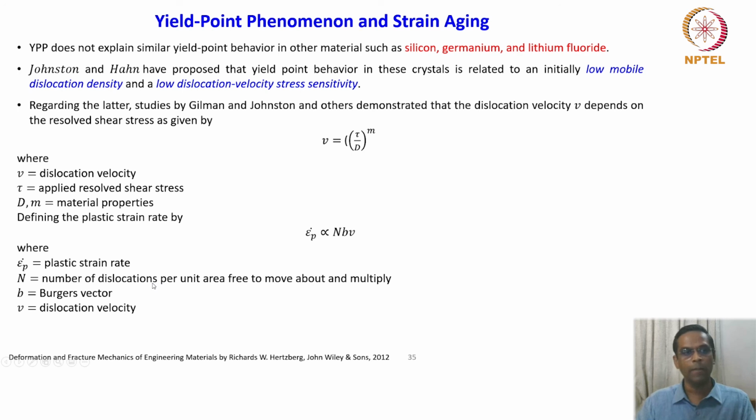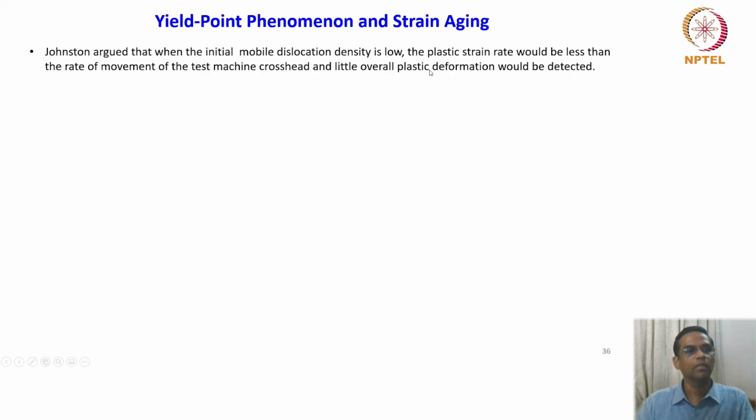They are looking at a specific form of dislocation which can explain this yield point phenomenon in materials like silicon and germanium. Johnston argued that when the initial mobile dislocation density is low, the plastic strain rate would be less than the rate of movement of the test machine crosshead, and little plastic deformation would be detected. Okay.